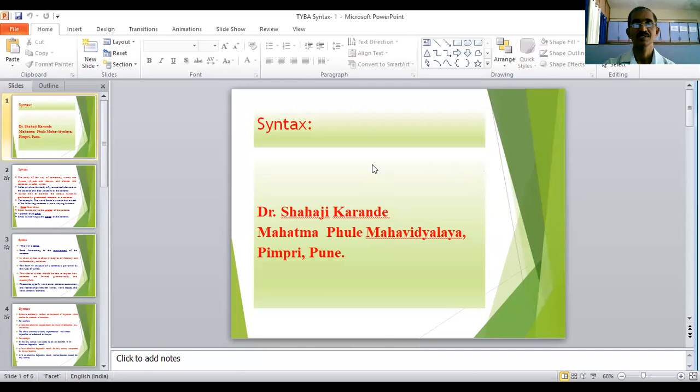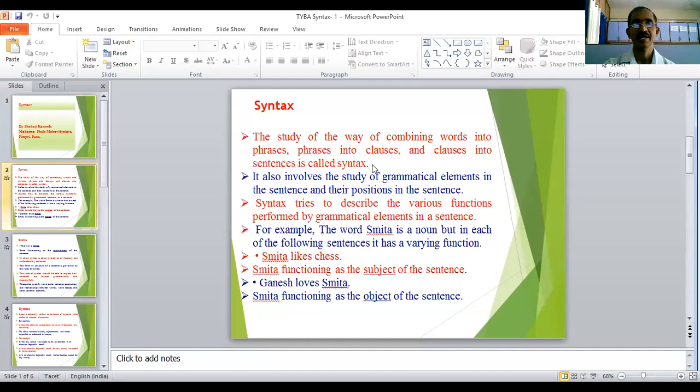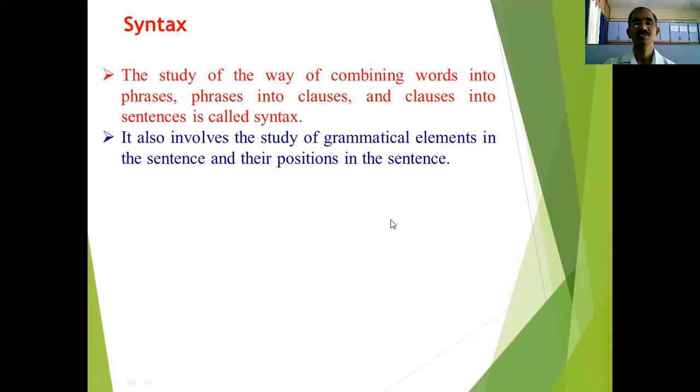Today I would like to discuss the topic syntax. Let us see the definition of syntax. The study of the way of combining words into phrases, phrases into clauses and clauses into sentences is called syntax.